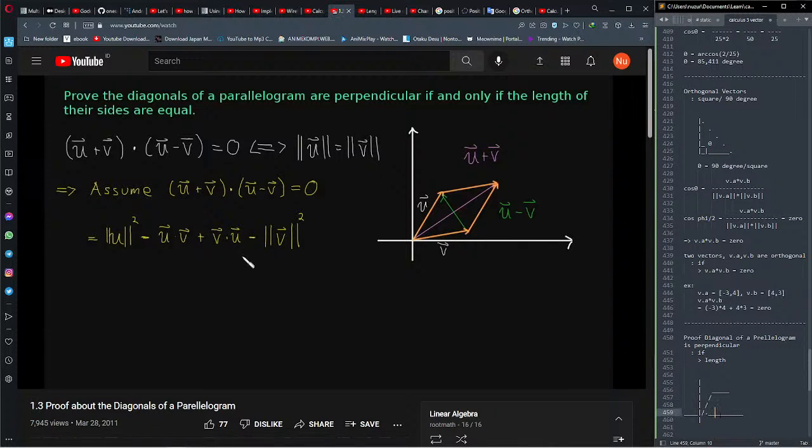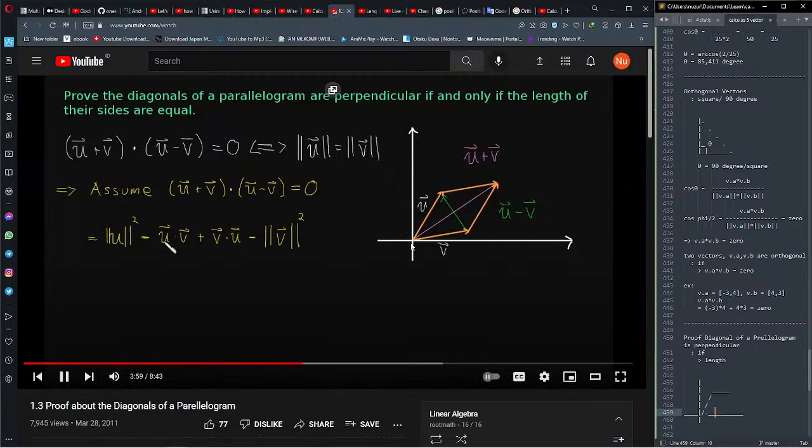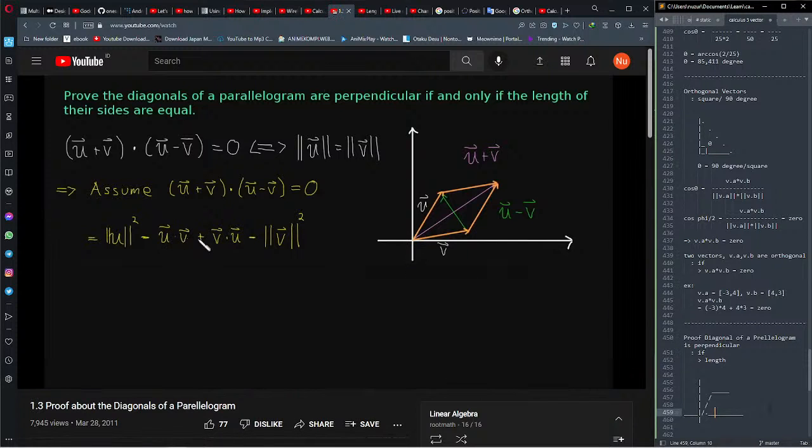Okay, the dot product is commutative, and so u dot v is the same thing as v dot u. So we have a minus u dot v here and a plus v dot u, so those are going to cancel out. Oh, and I kind of made a mistake here. Sorry about that. This is an implication. The fact that this is equal to 0 implies that this statement is equal to 0.